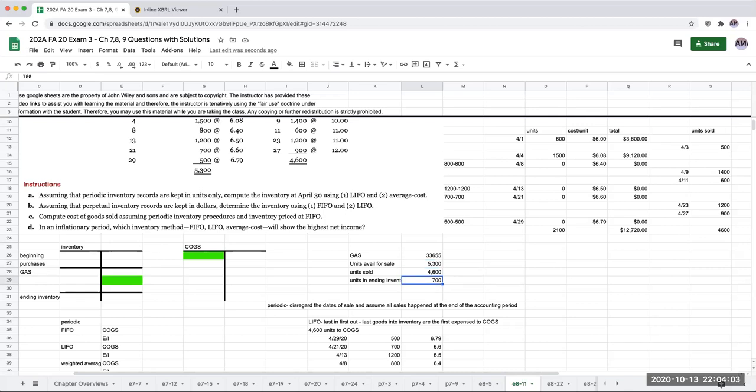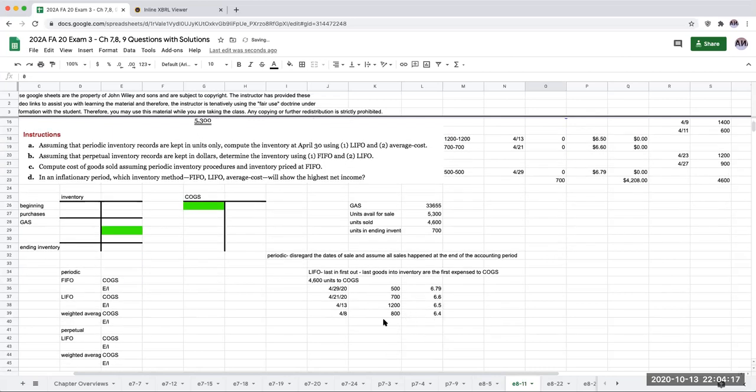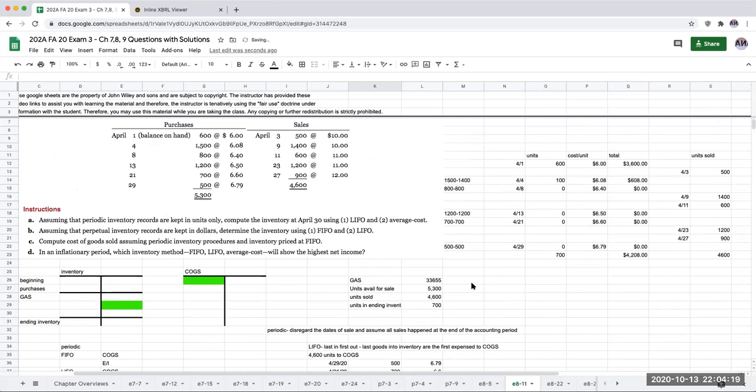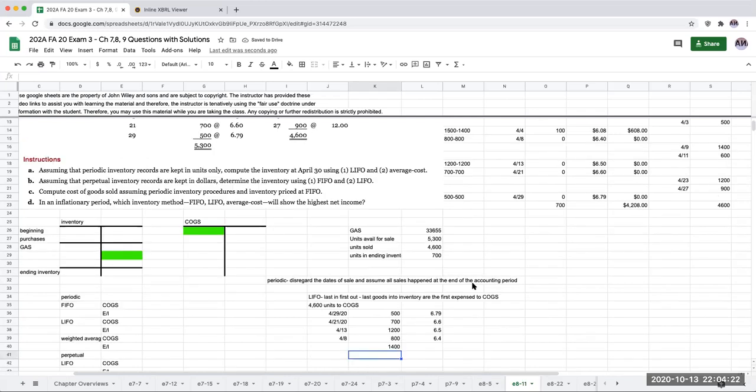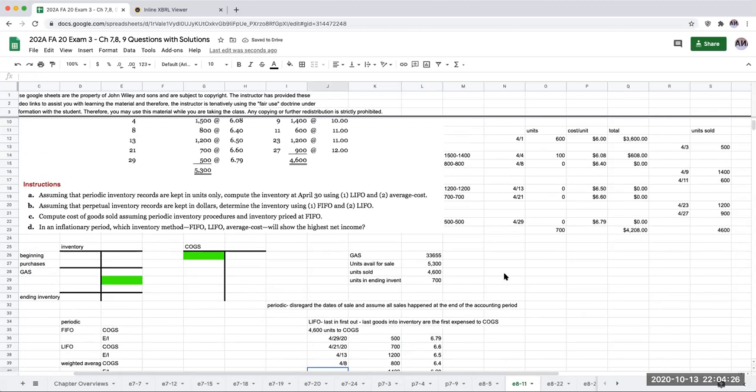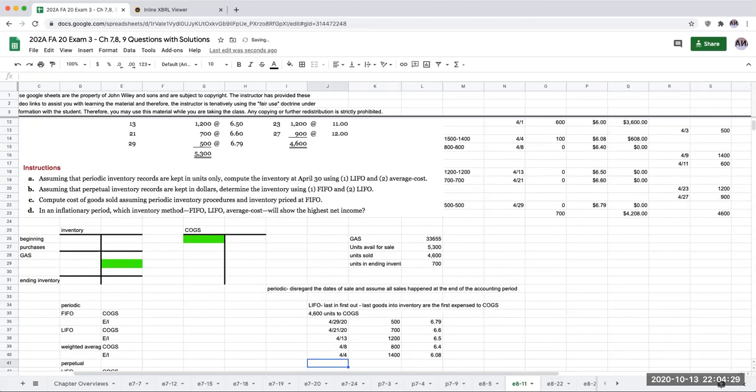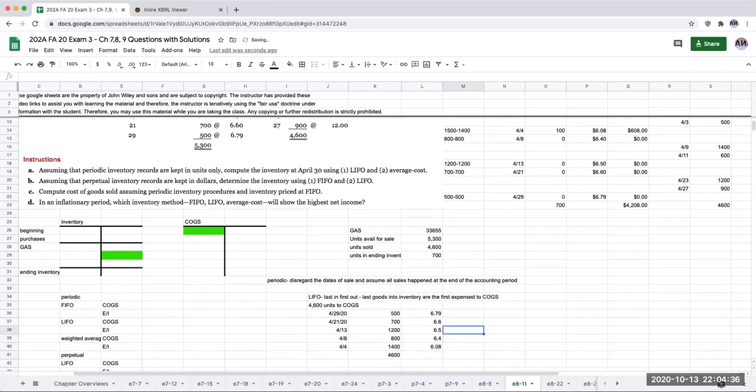I don't want to take this entire 1,500 units, so instead I'm going to take 1,400 of them because I don't need the full amount. This is going to be at $6.08, at April 4th. When I add these up, it's going to be 4,600.